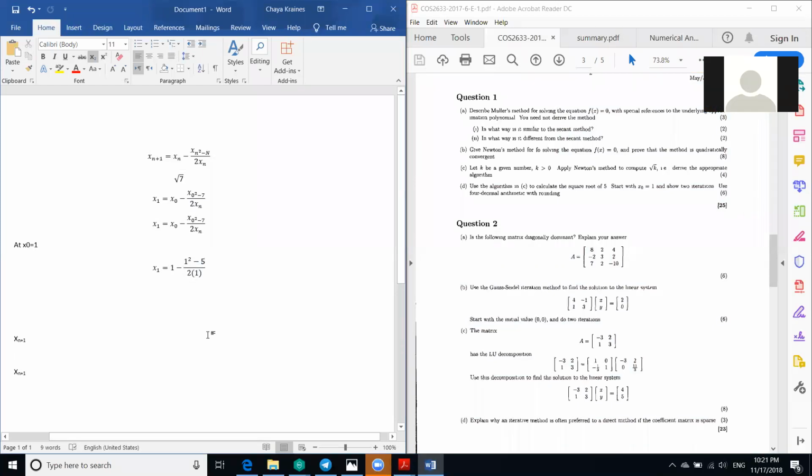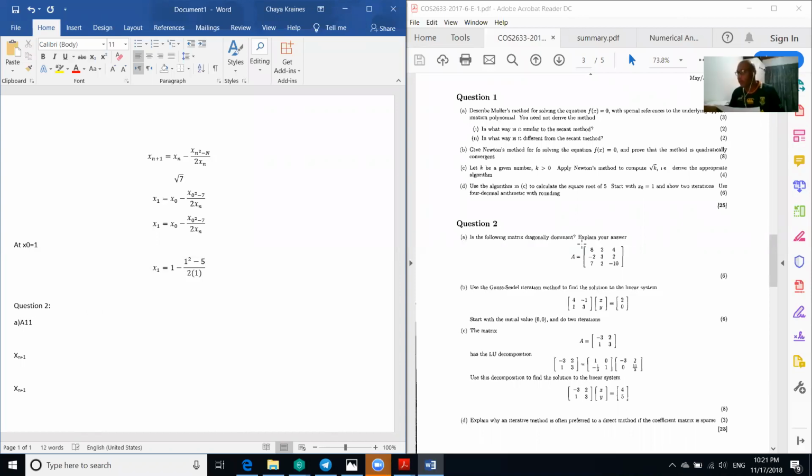Diagonally dominant means the main diagonal is greater. I think I've seen a question like this. So basically, A11, which is 8, is less than 4 plus 2.